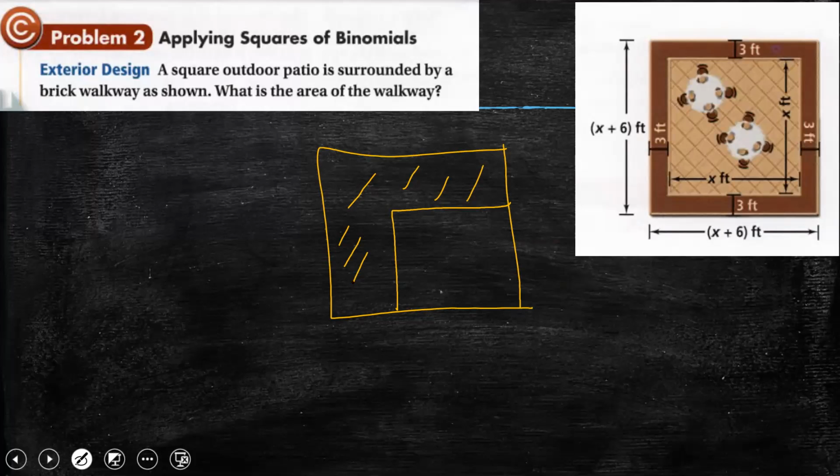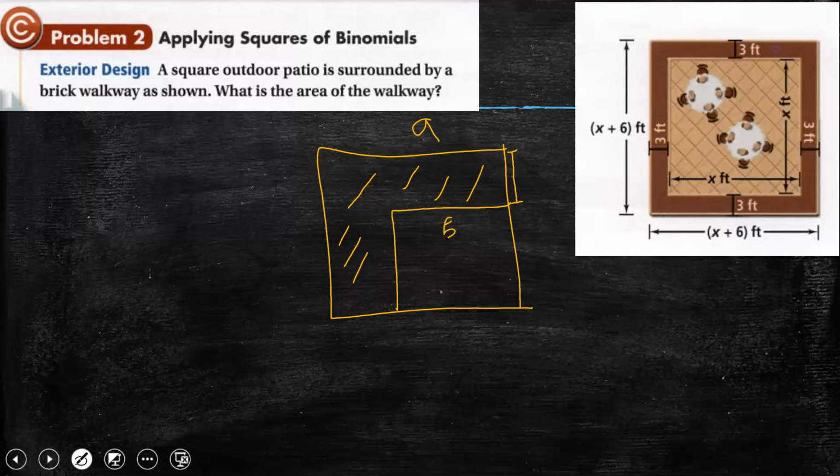You said that the length of the larger square is 9, and the inside is 5.